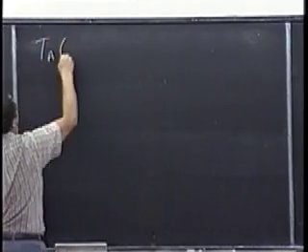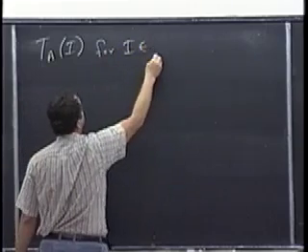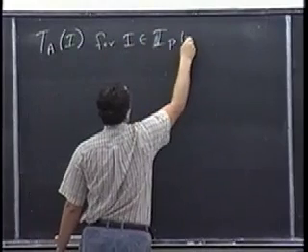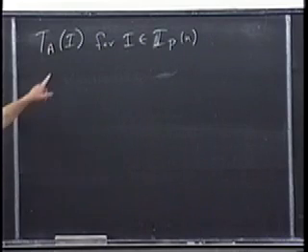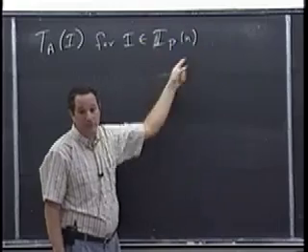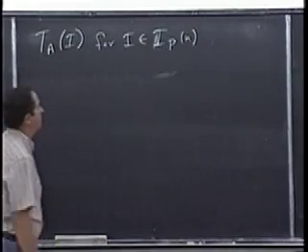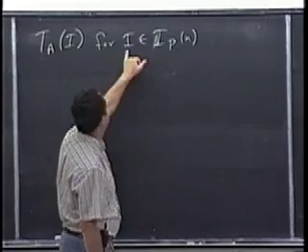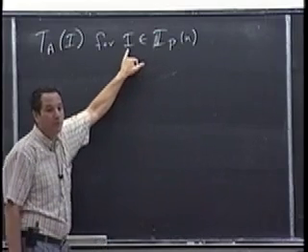T_A(I), for I contained in I_P(n). Okay. This I is a particular input taken from this set. So again, in our concrete example where we're talking about sorting, if P is the sorting problem, then this is some particular list or set, depending on whether we're considering the input to be ordered or not.